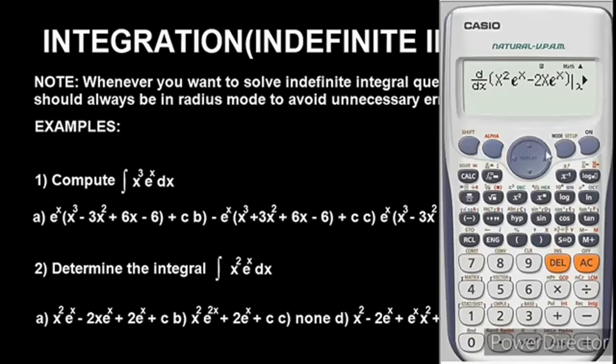You come down, you have plus 2 exponential raised to the power x alpha x. Okay, so this is what we have here. Let's check if we are correct.